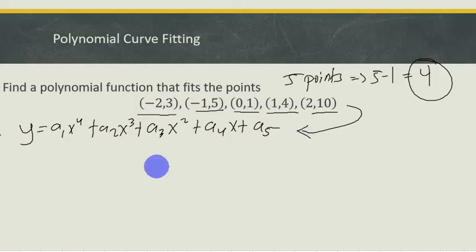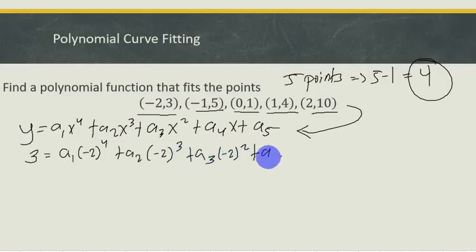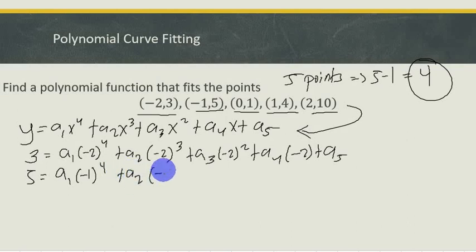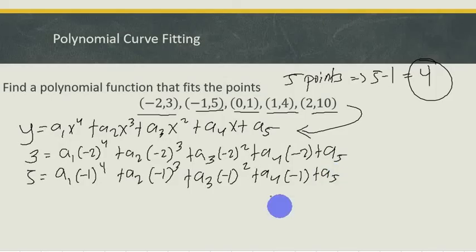First, we're going to have 3 equal to a sub 1 (negative 2) raised to 4 plus a sub 2 (negative 2) cubed plus a sub 3 (negative 2) squared plus a sub 4 times negative 2 plus a sub 5. Then, plugging in the next point, we'll have 5 equal to a sub 1 times (negative 1) raised to 4 plus a sub 2 times (negative 1) cubed plus a sub 3 times (negative 1) squared plus a sub 4 times negative 1 plus a sub 5.